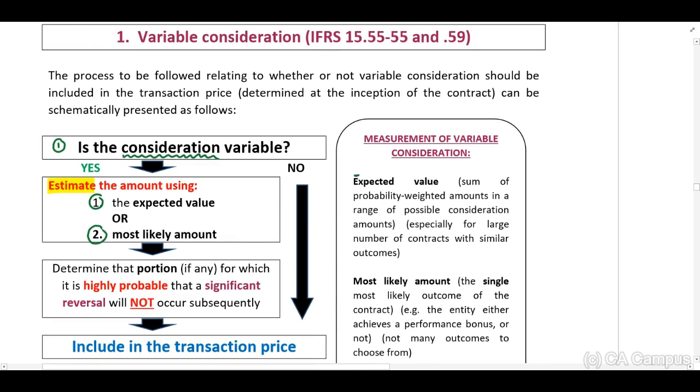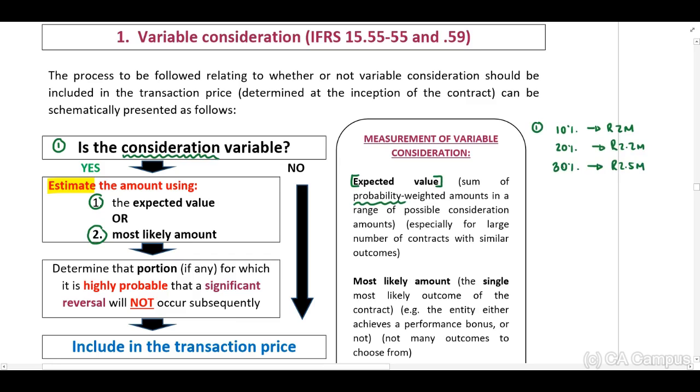If we refer to our expected value, this is the sum of probability weighted amounts in a range of possible consideration amounts. Therefore, guys, say in a contract there is a 10% possibility that 2 million will be paid, a 20% possibility that 2.2 million will be paid, or a 30% possibility that our customer will pay 2.5 million.